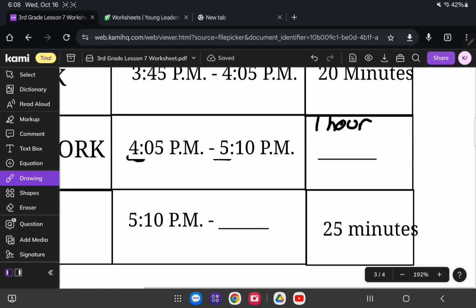But then we need to count the minutes, which is just 5, because if we add 5 to this, then we get 10. So that means 1 hour and 5 minutes.